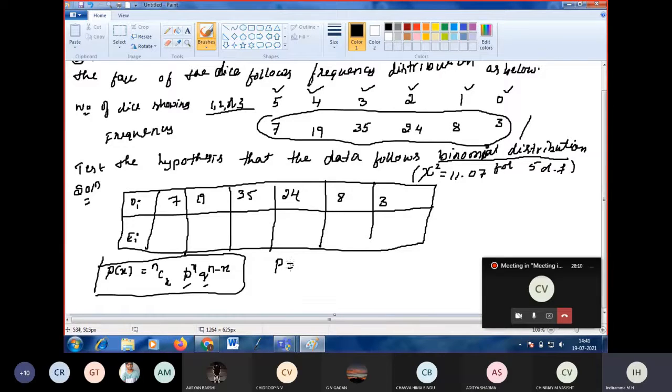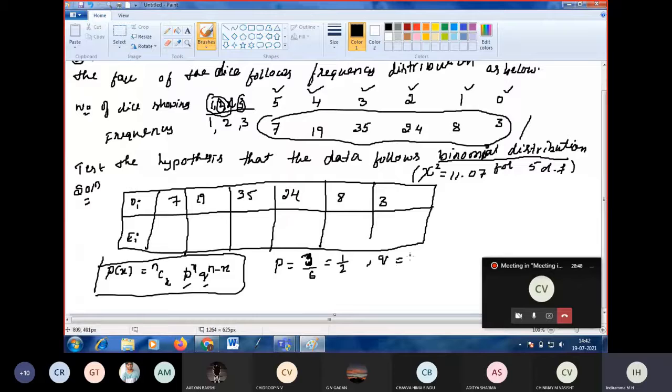Probability of getting 1, 2 or 3: chance of getting 1, chance of getting 2 or chance of getting 3. So that is 3 cases out of 6, that is 3 by 6, that is 1 by 2. Probability we got as 1 by 2.